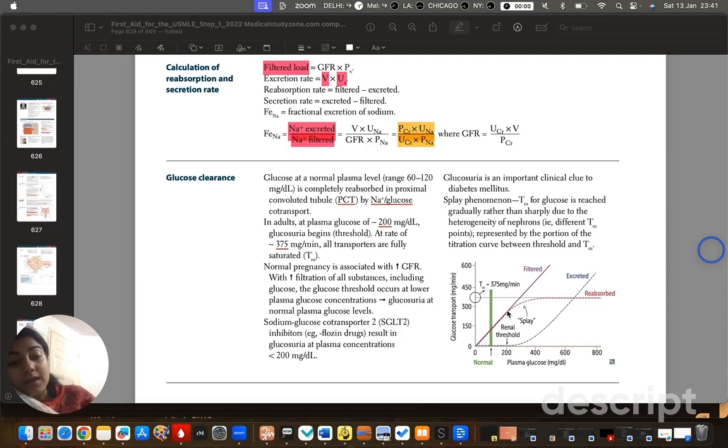Before that, it was getting reabsorbed. It is at max at this level. Glucose transport at 375 is the threshold when it's fully saturated, and you can see. But this display means that not all of them are fully saturated at 375.